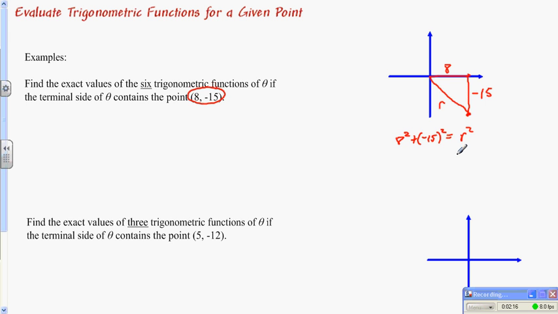Now, r squared will equal, and 8 squared plus 15 squared is 289, I believe. We do the square root of both sides, and r is 17.